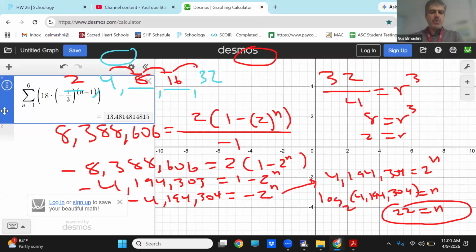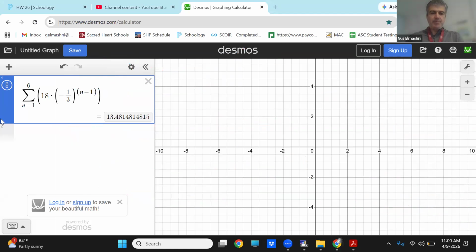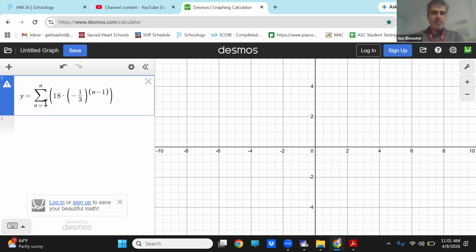Okay, let me clear the screen. I don't know how many terms there are, right? So I'll call it n. I'll say y equals that. Or actually, let's give it an arbitrary letter, we'll call it x. And the first term was 2, right?